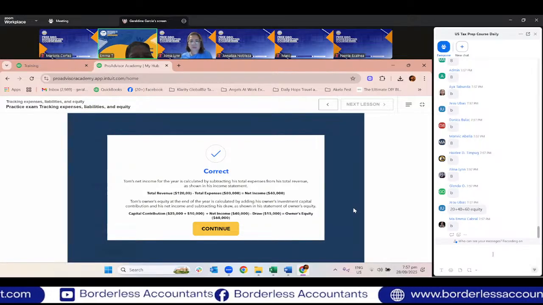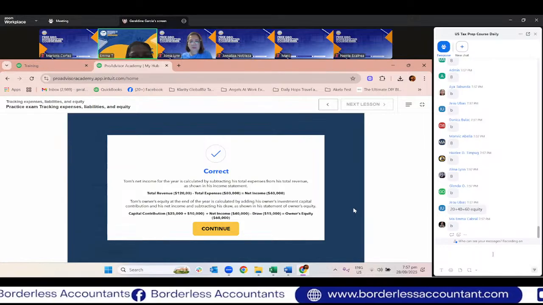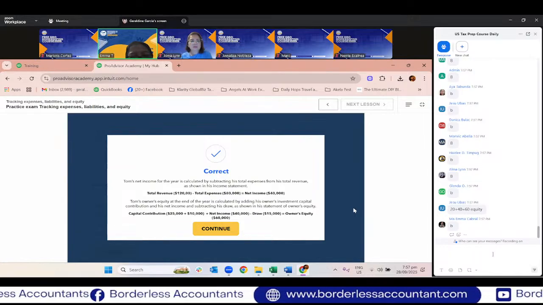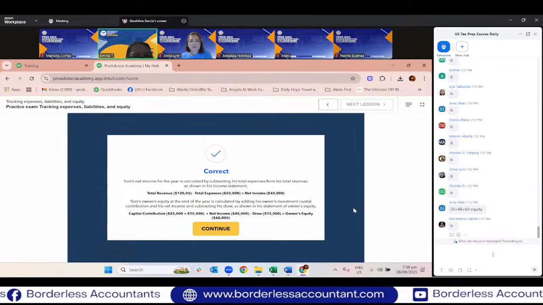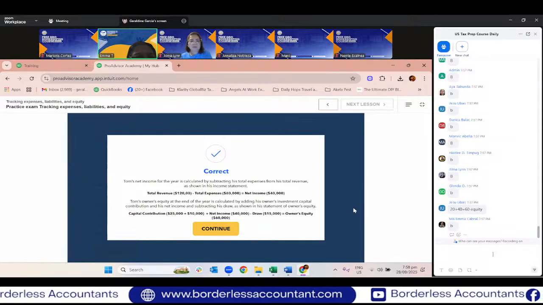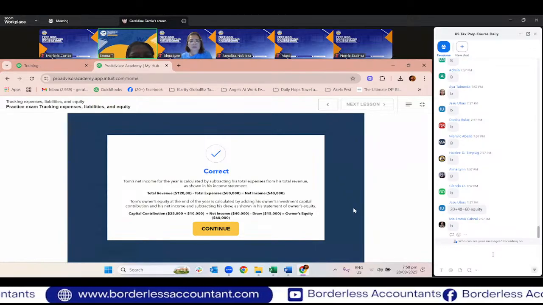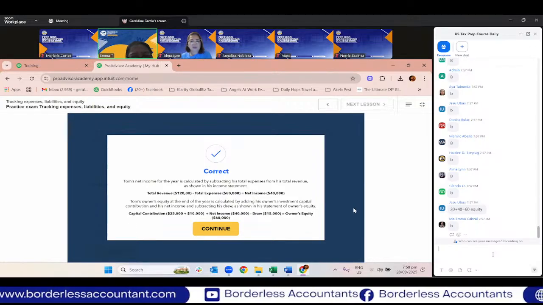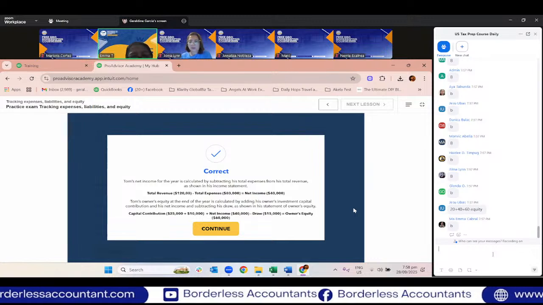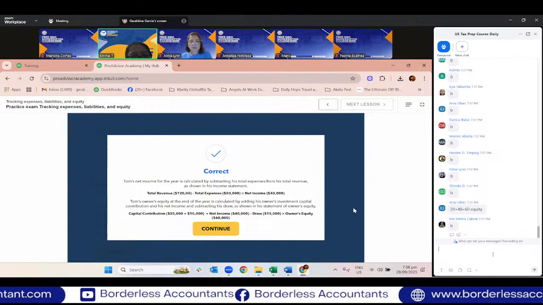Tom's net income for the year is calculated by subtracting his total expenses from his total revenue as shown in the income statement. Total revenue of 120 less total expense of 80, so net income is 40. Tom's owner's equity at the end of the year is calculated by adding his owner's investment capital contribution and his net income and subtracting his draw as shown in his statement of owner's equity.